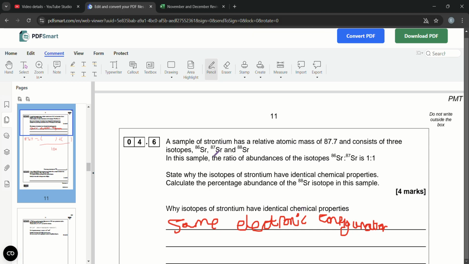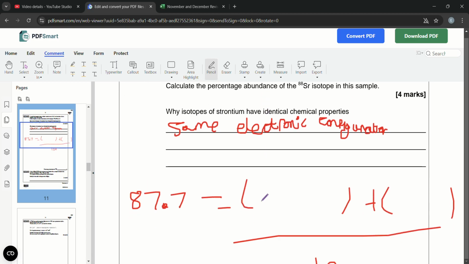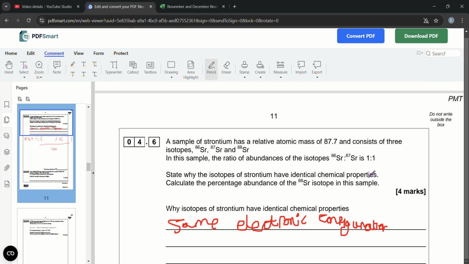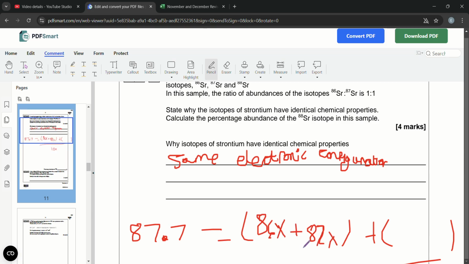So we've got 86Sr to 87Sr is 1 to 1. Let's just treat it as x. So it's going to be 86x plus 87x, because they both have the same 1 to 1 ratio, so both have x's in this case.